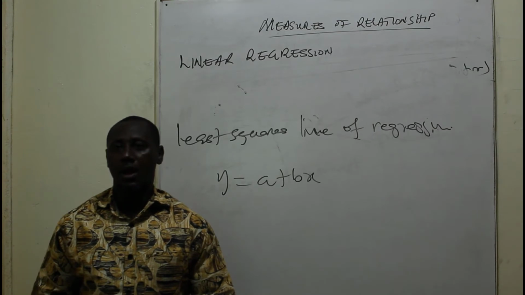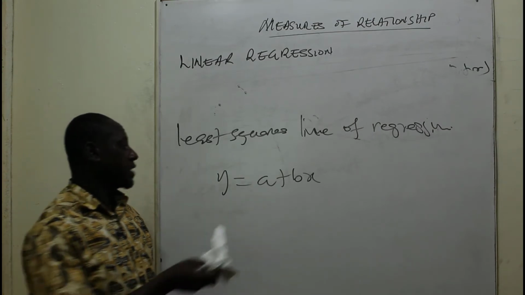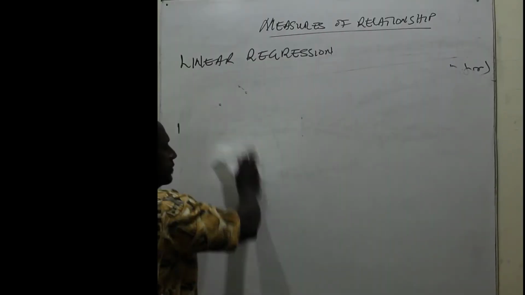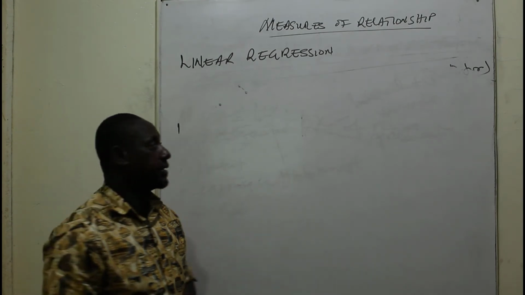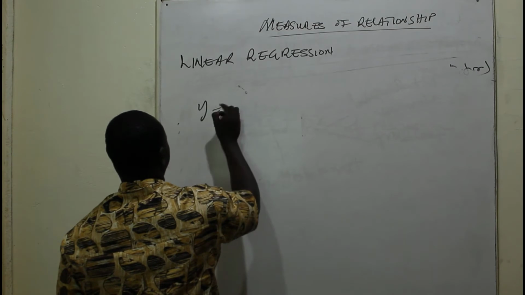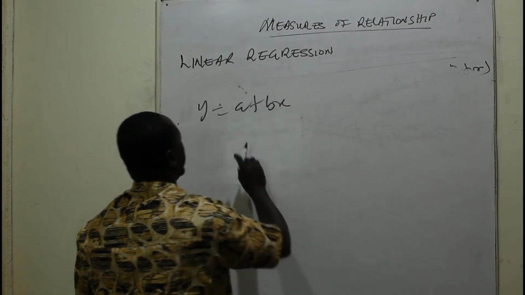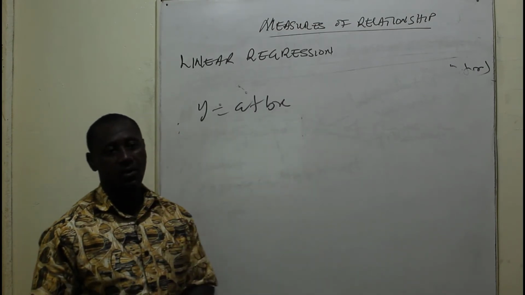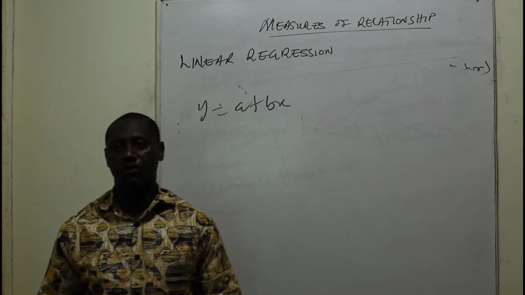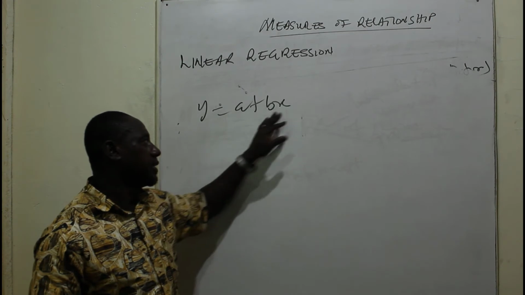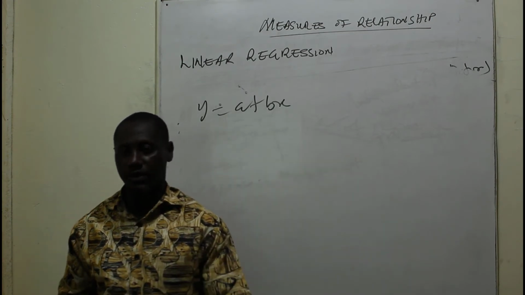Now, as we move on, the values of a and b are the values that we are going to determine, because the y values will be given, and the x values are also going to be given.